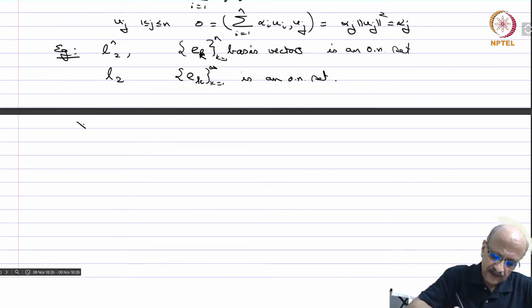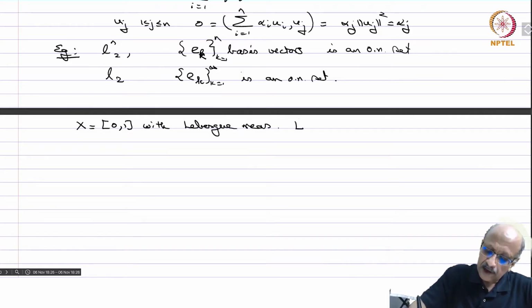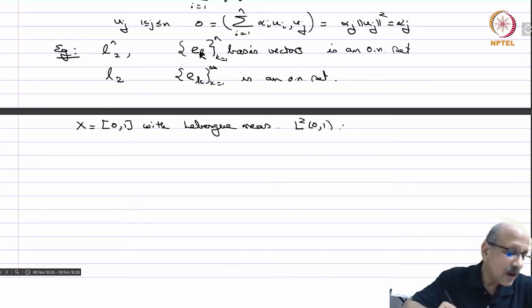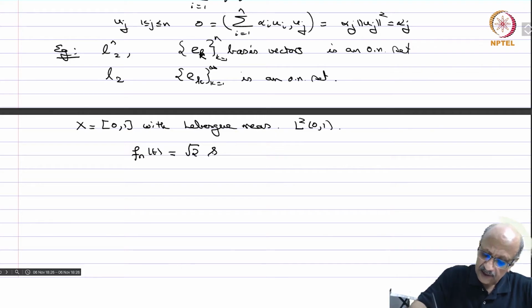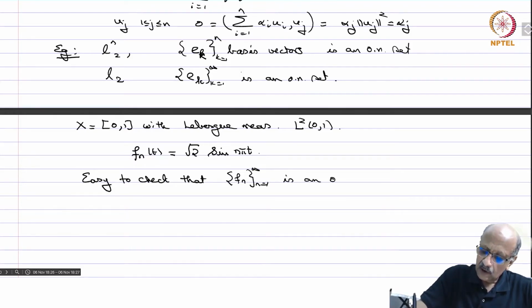Then let us take X equals 0, 1 with the Lebesgue measure. And then you look at L2 of 0, 1. Okay, so then if you wrote fn of t equals root 2 sine n pi t, then easy to check that fn, n equals 1 to infinity is an orthonormal set.